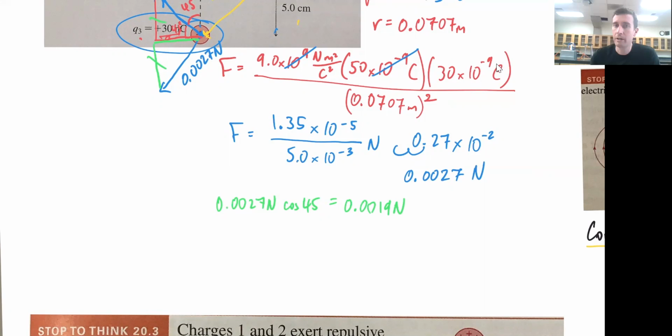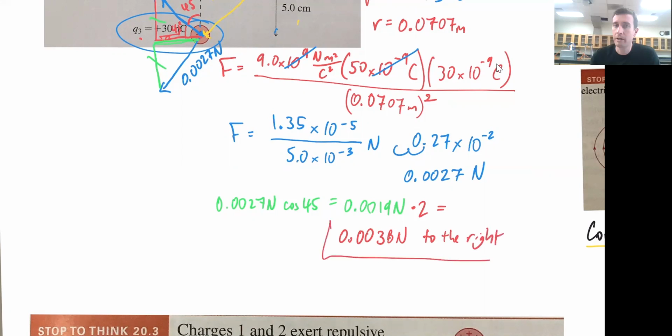I have one over here in green, and then I have one over here in red, because I had both of those arrows going there. One arrow there, one arrow there. So I'm going to multiply that by 2 to get me my final answer of 0.0038 newtons to the right.